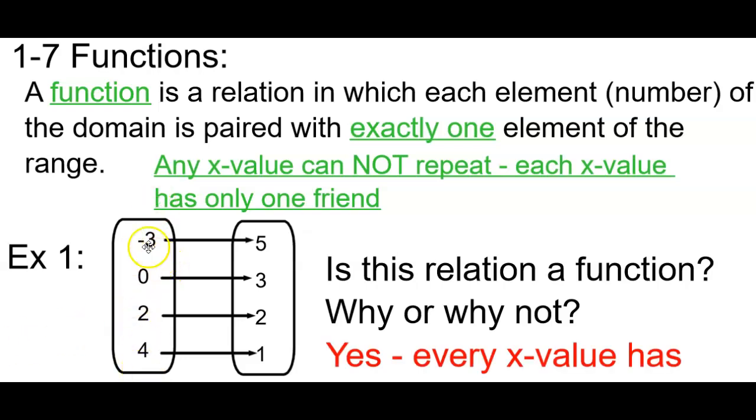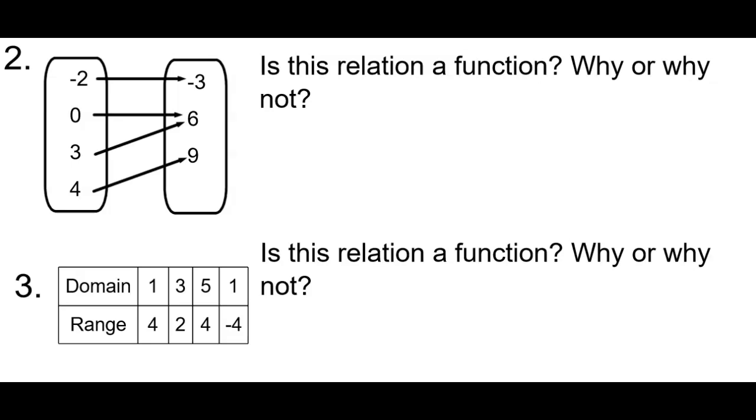This is a function because every single input button has exactly one output. So if I am looking at this function here, -2 has the output of -3. If I push on the 0 button, it has the output of 6. If I push on the 3 button, it has the output of 6. And the 4 button has the output of 9.